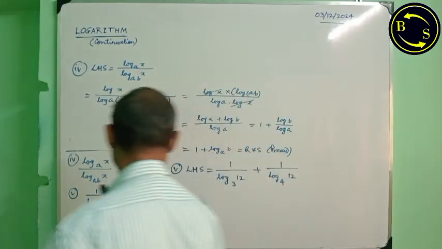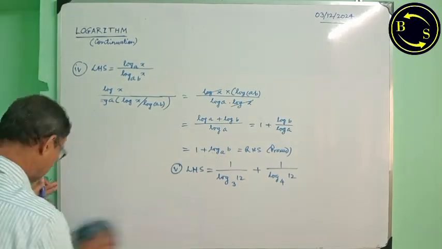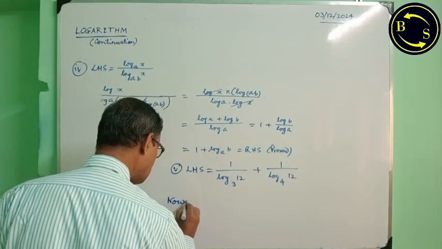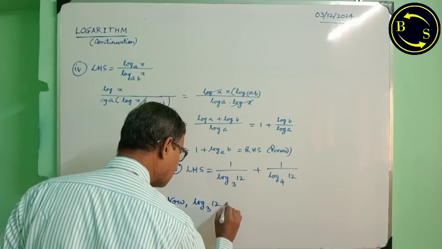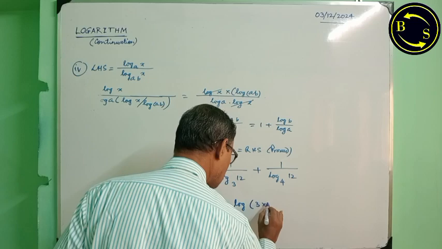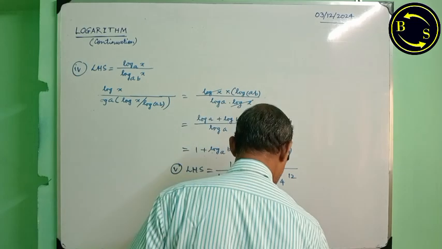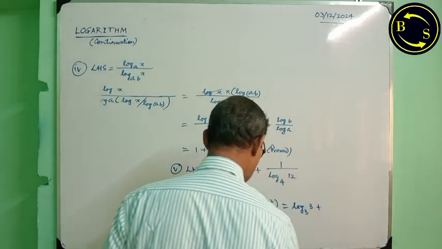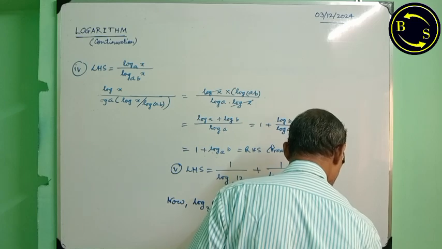First, log of 12 to the base 3 is equal to log of 3 into 2 square to the base 3, that is equal to log of 3 to the base 3 plus log of 2 square to the base 3, that means 2 log of 2 to the base 3.